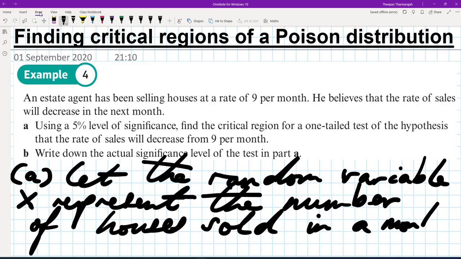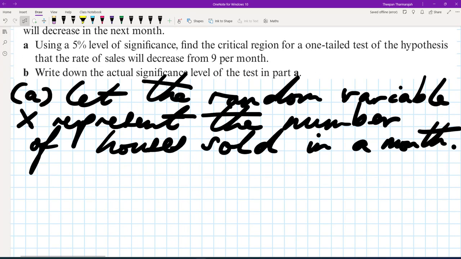Very standard in statistics, in A-level maths and further maths A-level, that you define your random variable very clearly.